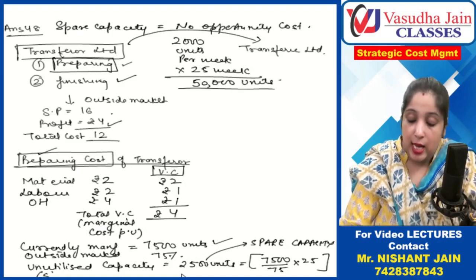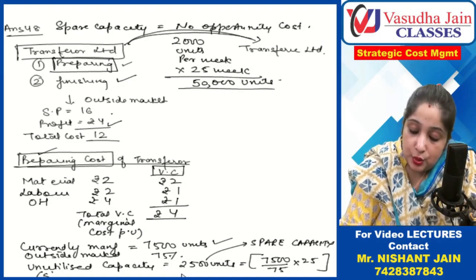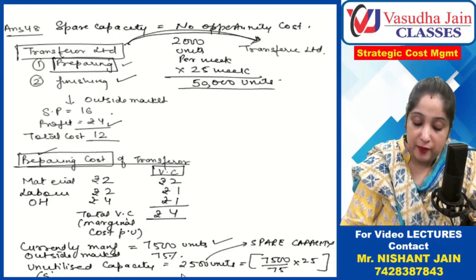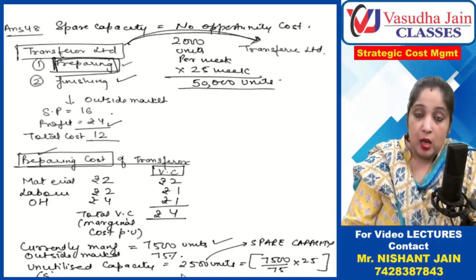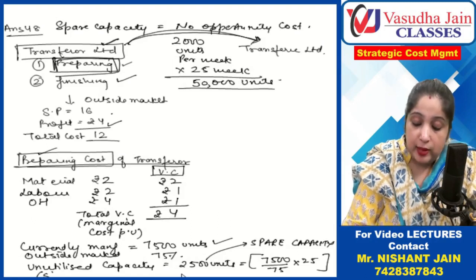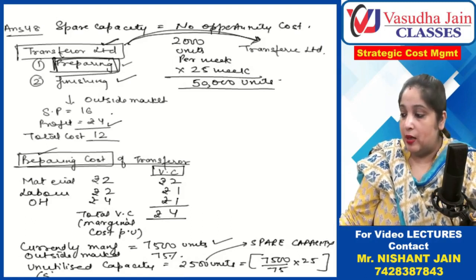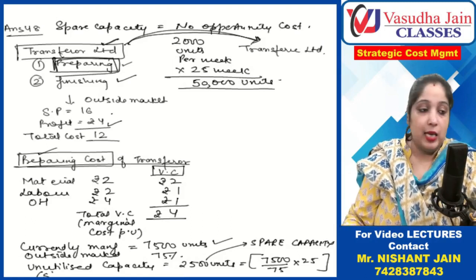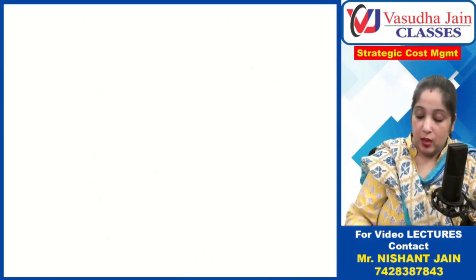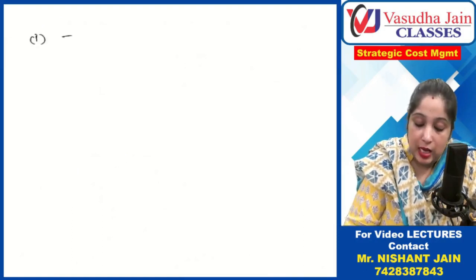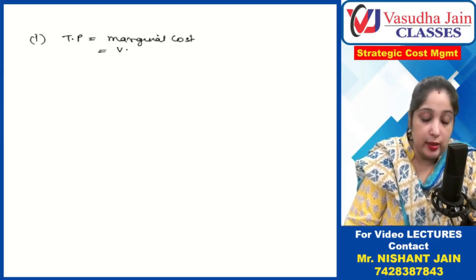Now the question is saying, when you transfer this to Transferee Company Limited after performing the preparing work, how much profit is affected of Transferor Limited if the first case says the transfer price is fixed equal to marginal cost. Now marginal cost means variable cost, correct?